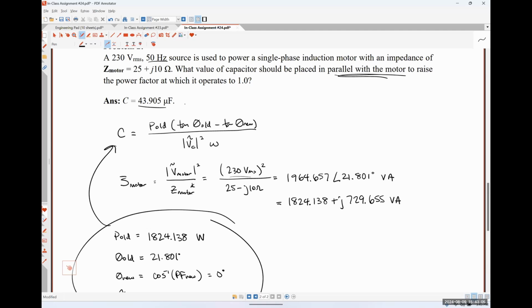So let me go on to Canvas really quickly and extend the due date, just in case you didn't turn it in, because I certainly don't want anybody getting penalized for misunderstanding the instructions. Let me do that really quickly, because I definitely don't want anybody getting shortchanged for not turning it in when I specifically said we were going to finish it up today.